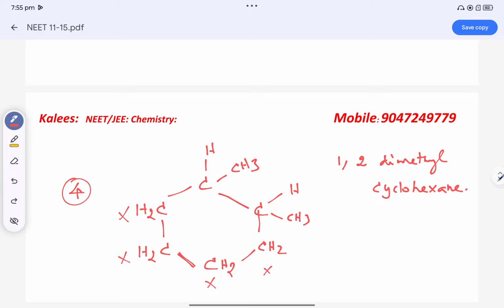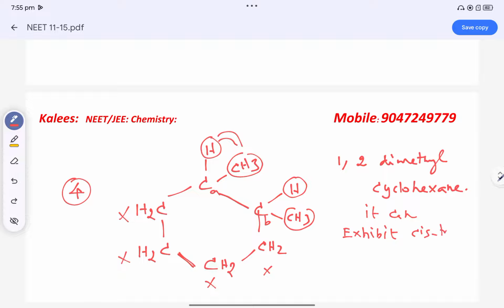Kindly note, my dear students, this is taken as Ca and Cb. In Ca, the hydrogen and the methyl group are different. Different substituents are also added here. So this can exhibit cis-trans isomerism.